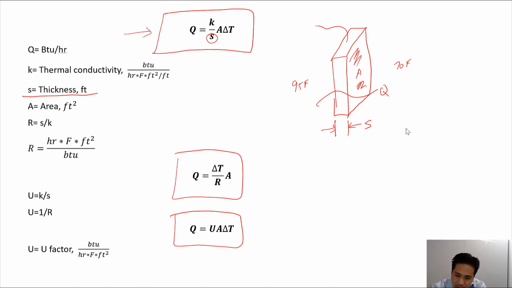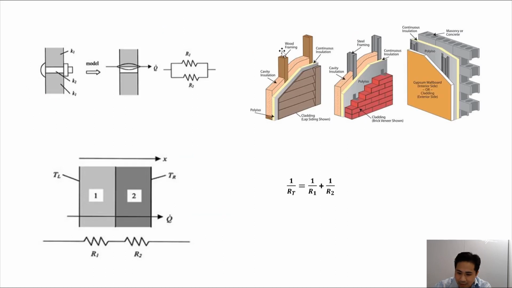And the K value in that formula is the thermal conductivity of the material, which is specific to the actual material that you're considering. Or it can be an assembly. So you can have, for example, an assembly like this, where you have a wood frame with insulation between the wood studs, and then continuous insulation with some other layers of material on top of that.